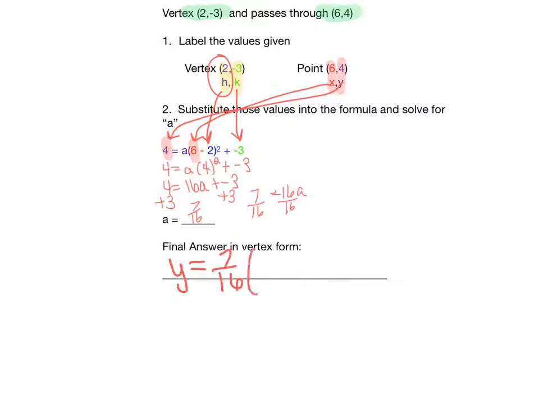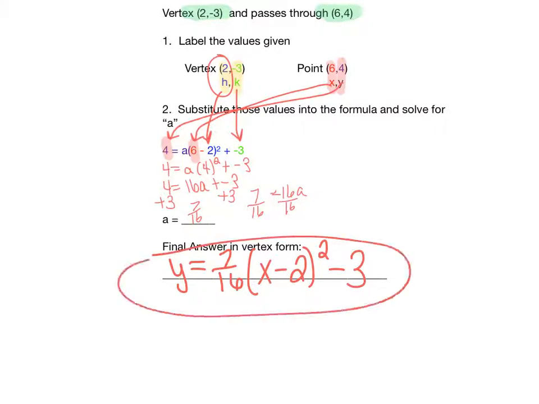In my parentheses is x minus h, so I'm going to have x minus 2 squared plus k, and my k was -3, so I could either say -3 or I could say plus -3. And keeping in mind when we write these in vertex form, there's going to be a y and an x in our final answer. The numbers that we need to find are our a, our h, and our k.